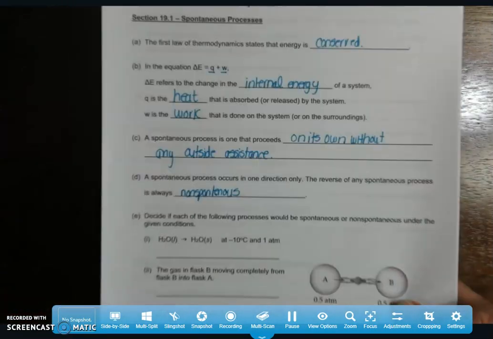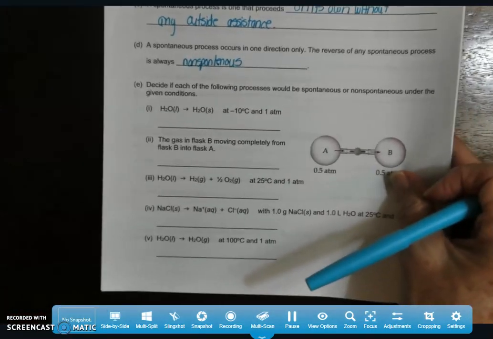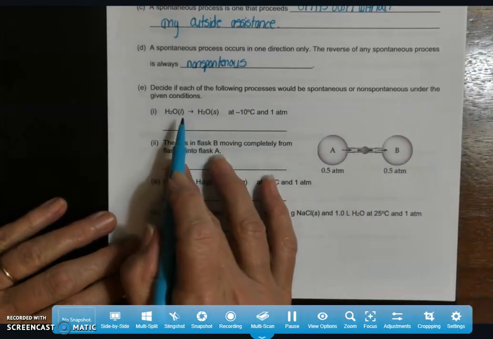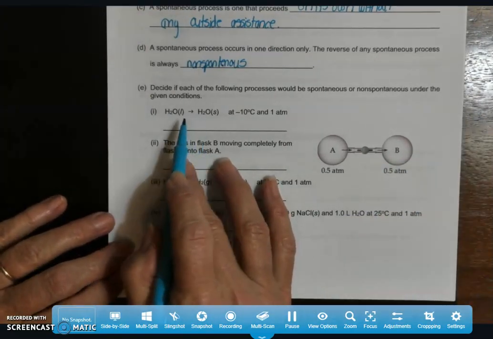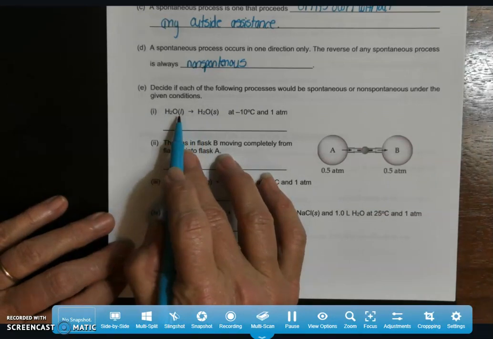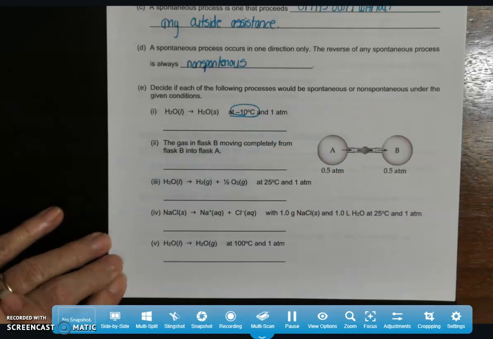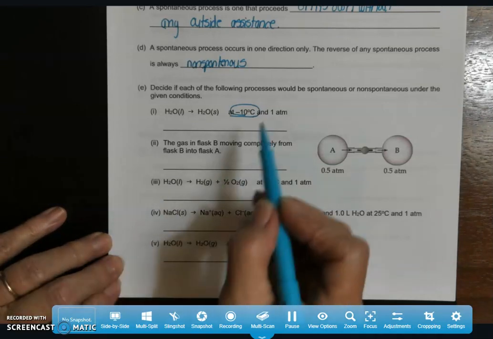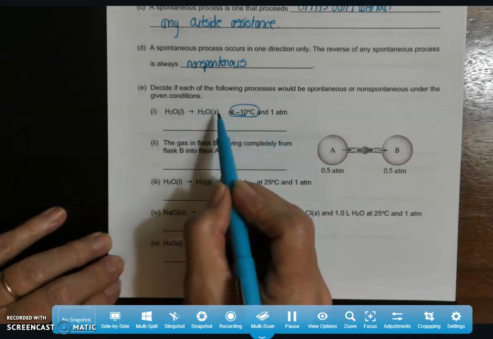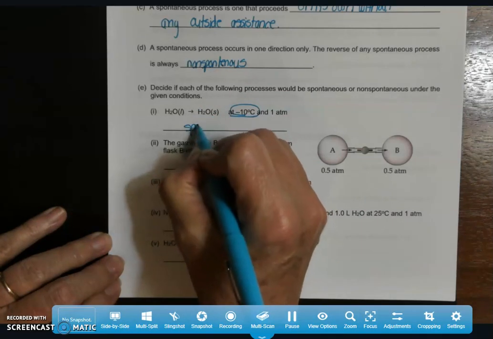All right, so let's kind of look at what this means. Let's look at some examples. So I've got a phase change here. I'm going from a liquid to a solid, but it's at minus 10 degrees. Now we know that water freezes at 0 degrees. So at minus 10 degrees, no problem. This is going to be spontaneous.